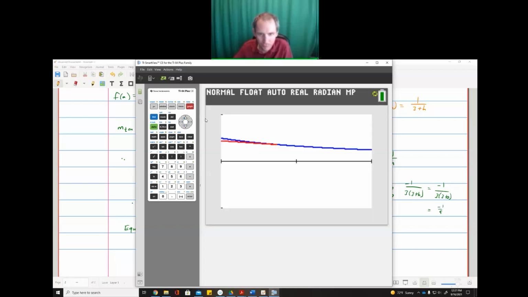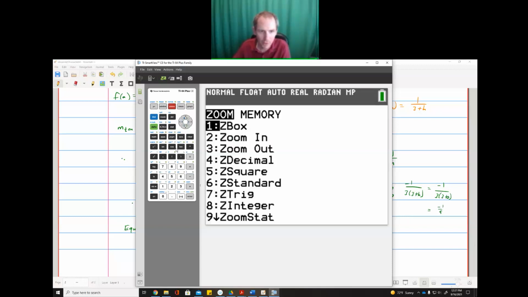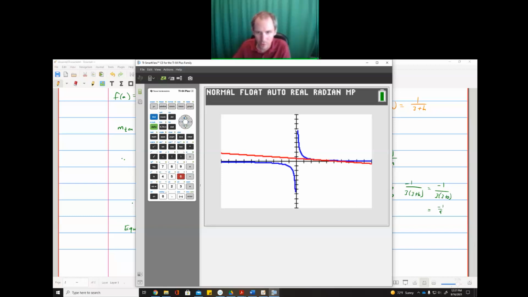Okay. And you can see, my red tangent line just kind of hits the graph and goes through, so that's kind of a nice tangent line there. Okay. So yeah, that's all we're really doing. We're saying, all right, here's my graph. Find that line that just touches that graph and then moves on.